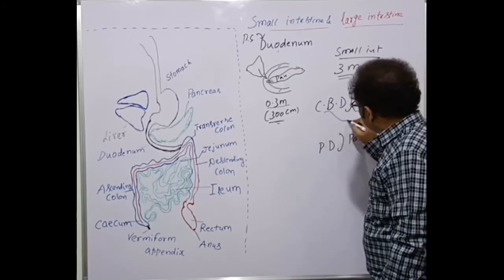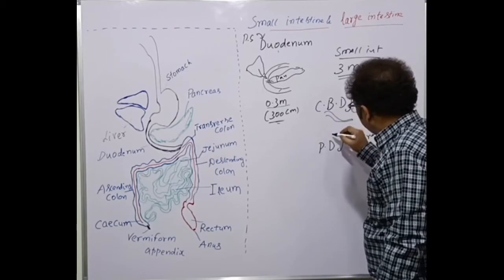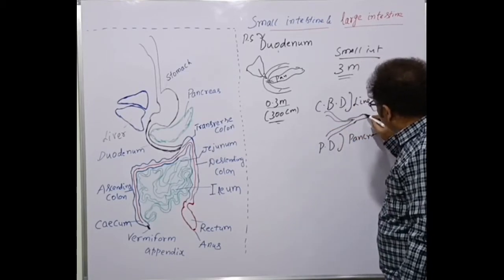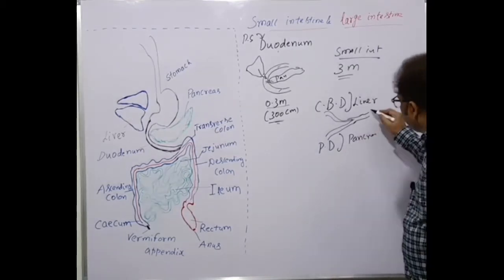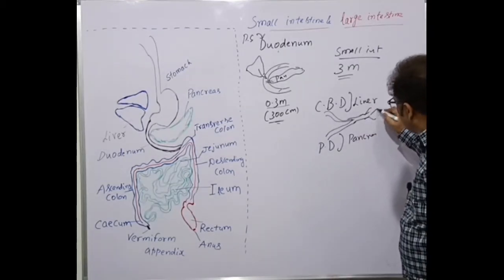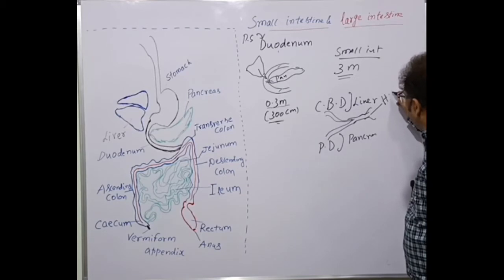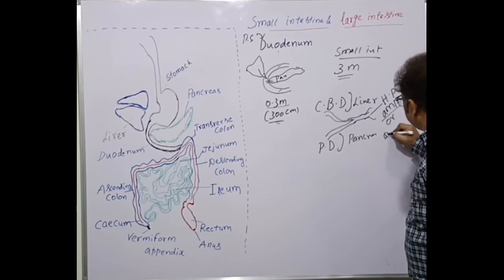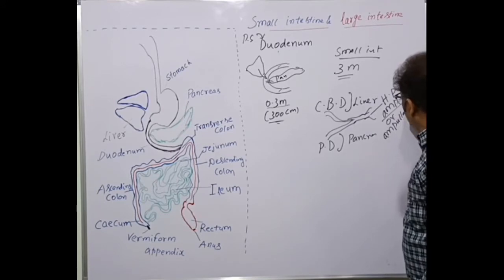Both of them join. This is the common bile duct, this is the pancreatic duct. Both of them join to form a single duct, and here there is an extension called the hepatopancreatic ampulla, also called the ampulla of Vater.